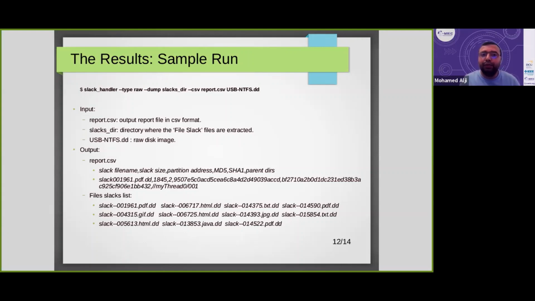It can dump to slacks dir all file slacks for each regular file found within the disk image file, and generate a report in CSV format as shown on the output part. The output shows the CSV report, which is like this one. For instance, there is a slack file name, slack size, the partition, and other details. The slacks dir will contain the extracted file slacks in raw format.